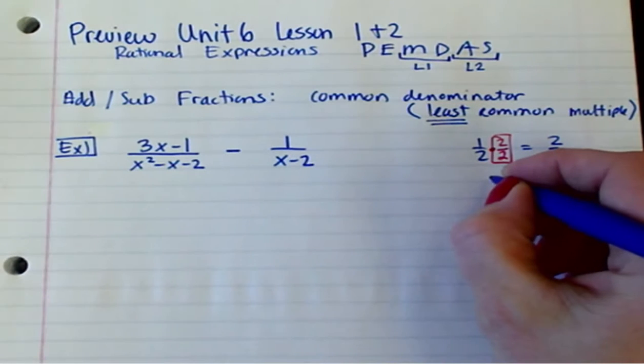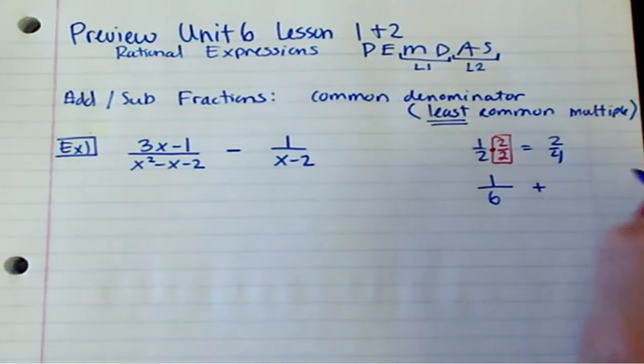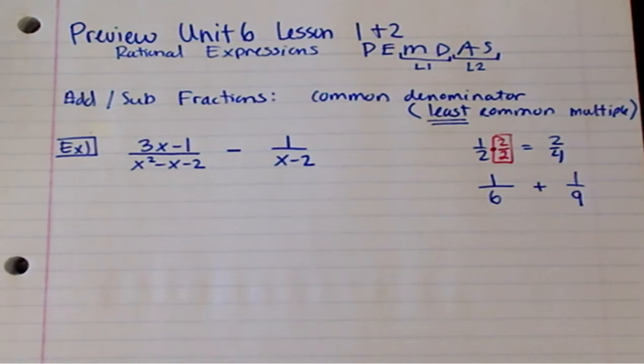So if I say something like 1/6 plus 1/9. What's the common denominator? The least common denominator. 18, not 54.